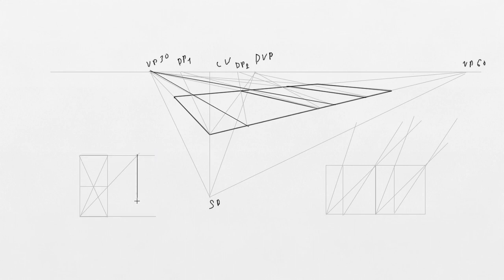the same rectangle as this one. So we could do it in perspective. We have first diagonal, second diagonal. This is our center.